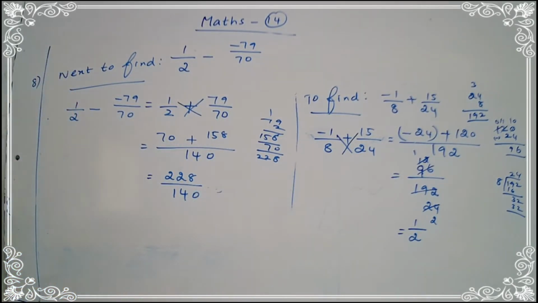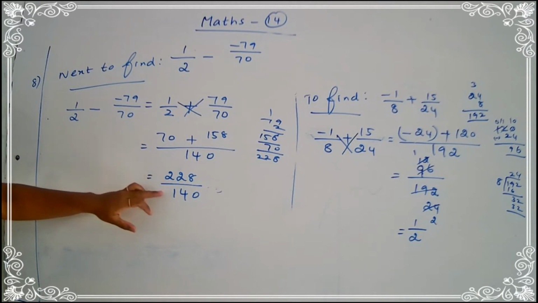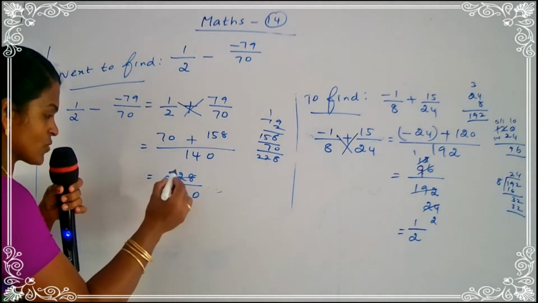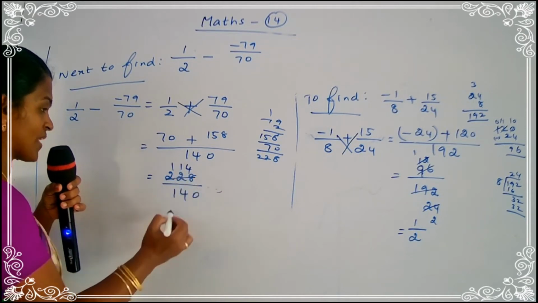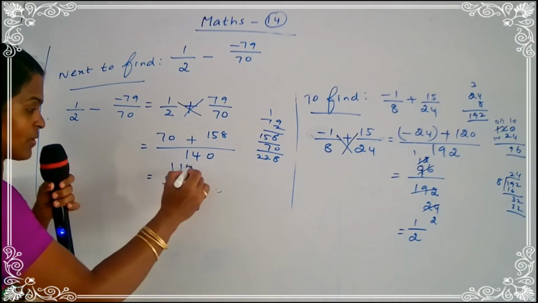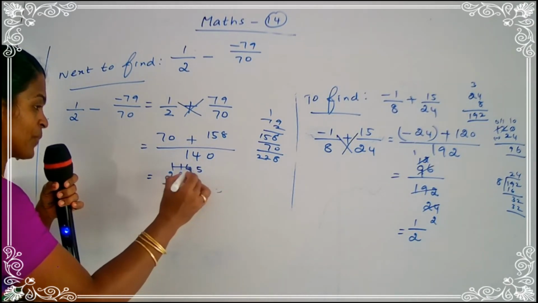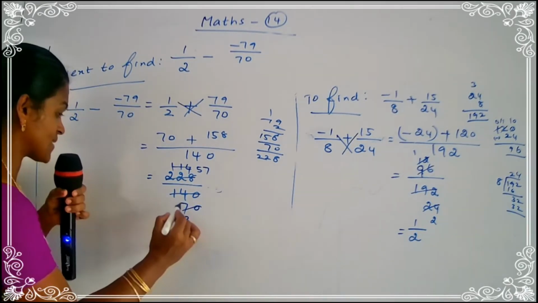Okay. Now it is not in standard form, so divide it. You find the common factor. Which one is the common factor? It is surely divisible by 2. So divide by 2: 228 divided by 2 is 114, 140 divided by 2 is 70. Again divide by 2: 57 upon 35.